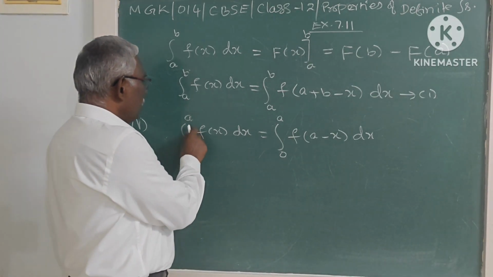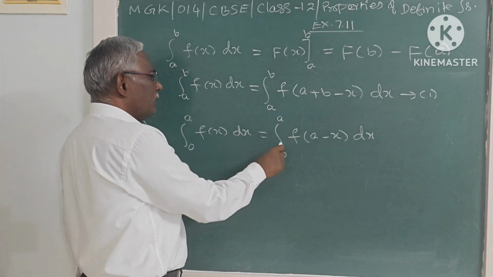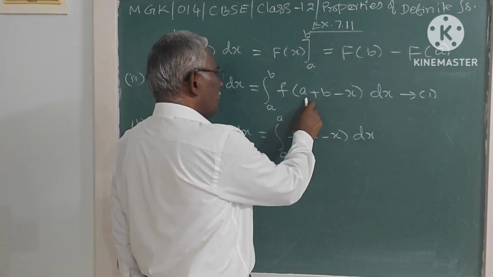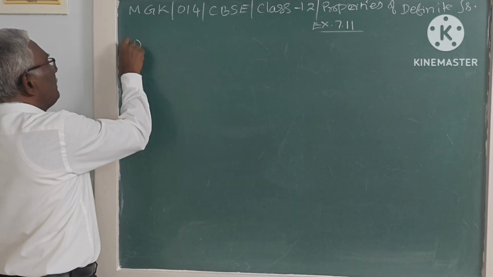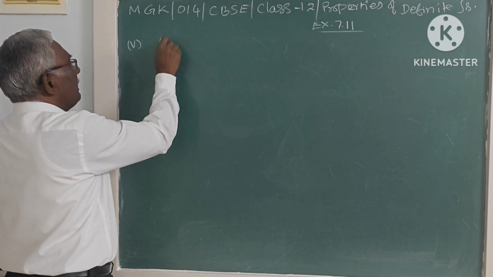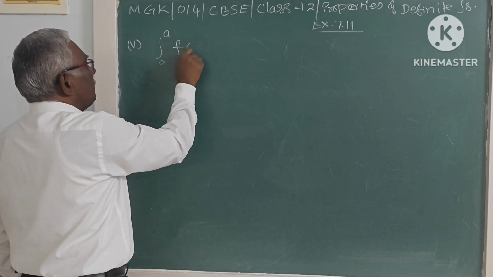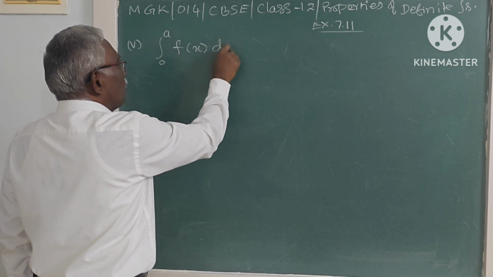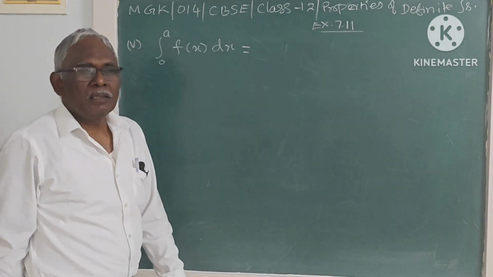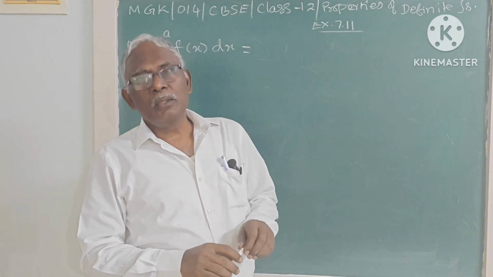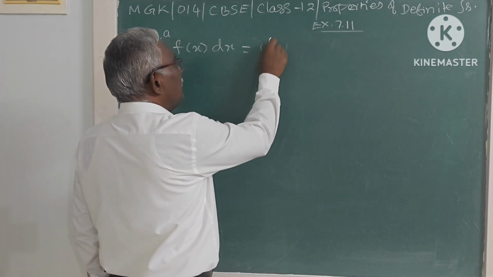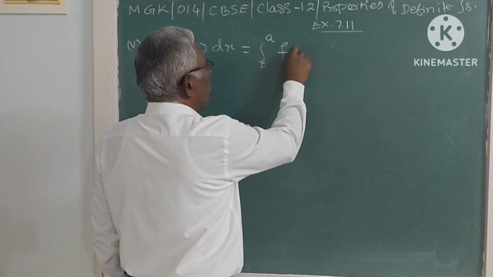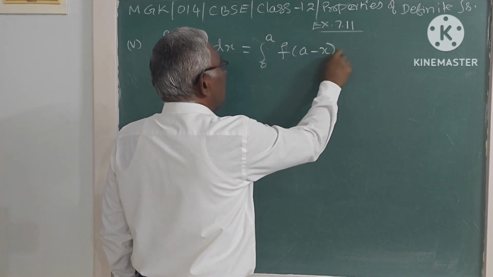So integral 0 to a f of x dx is equal to integral 0 to a f of a minus x dx. The property is integral 0 to a f of x dx equals integral 0 to a f of a minus x dx.